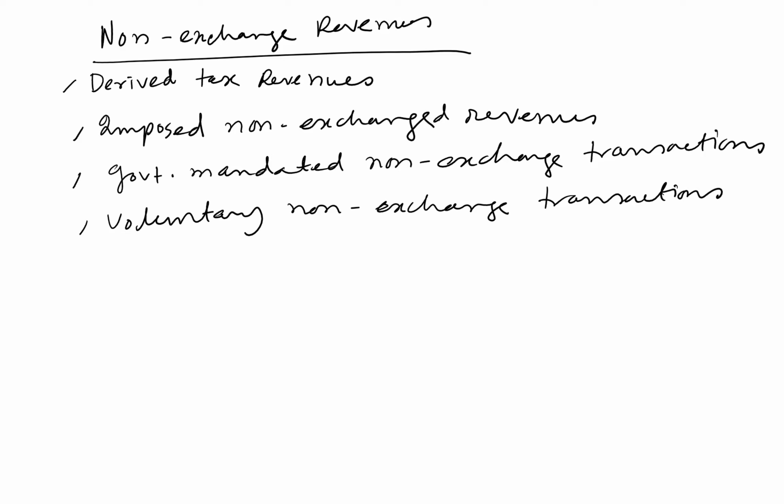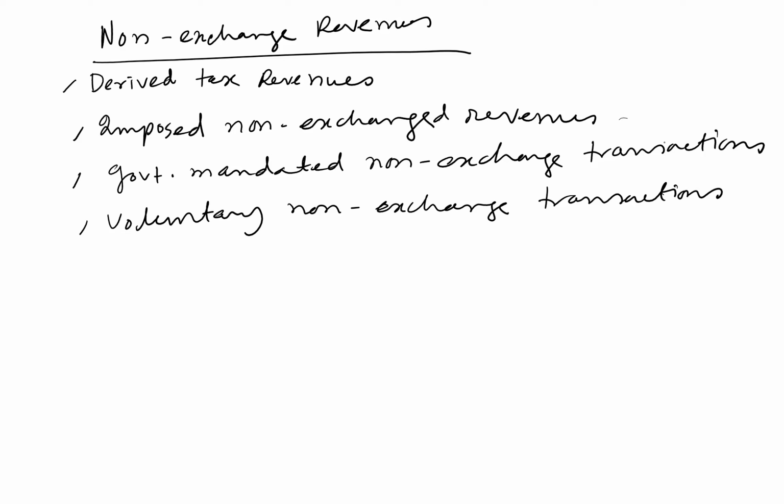Now the second category is imposed non-exchange revenues, and those are imposed by the government, and one example is the property tax. Now the third category is government mandated non-exchange transactions. Sometimes government can mandate certain activities, and those types of resources could be conveyed from one governmental entity to another for some required programs.